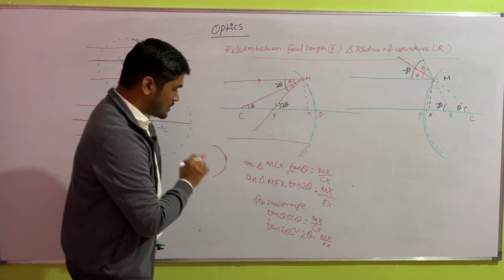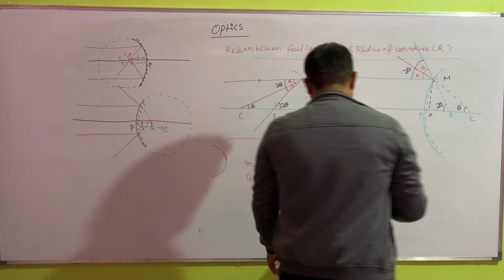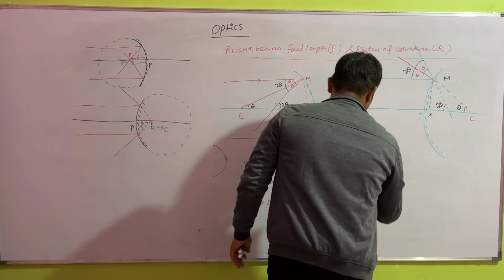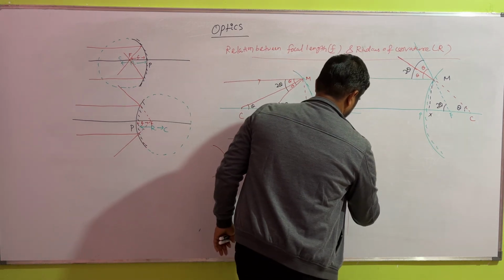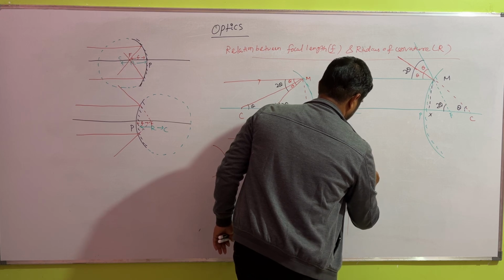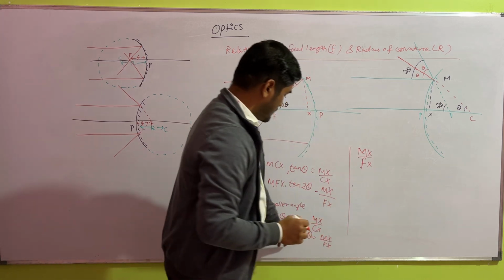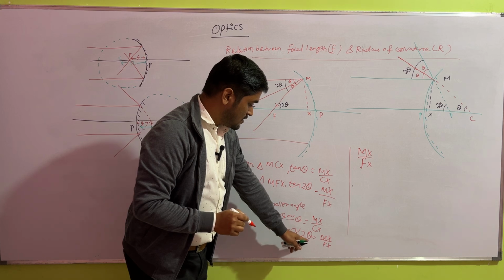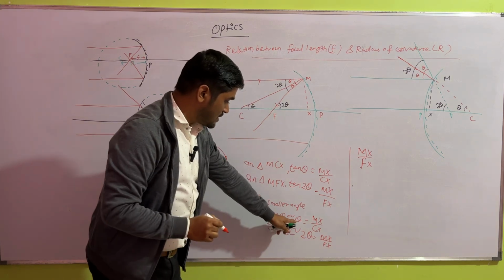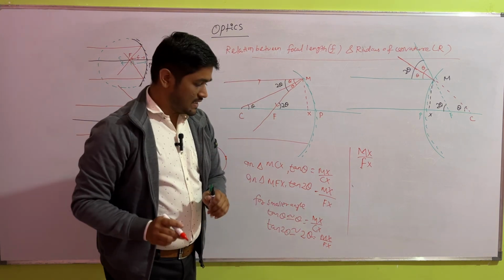So we can write MX divided by FX is twice theta. Value of theta is MX divided by CX.